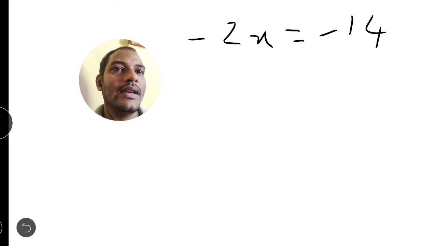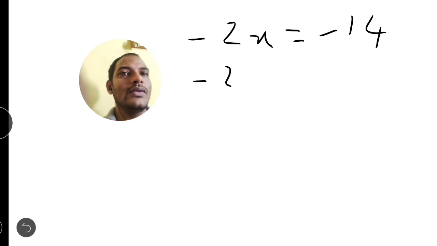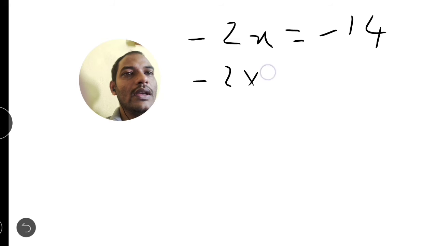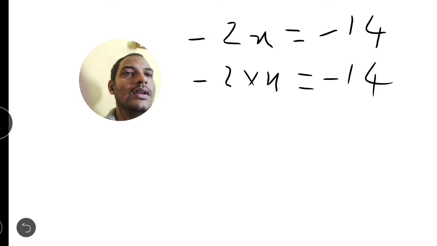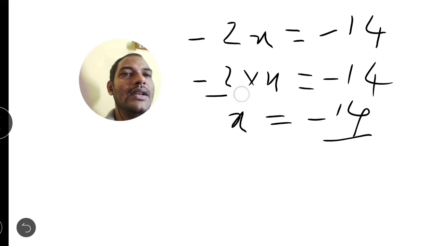So now minus 2x, nothing but minus 2 into x, equals minus 14. So x equals minus 14 divided by, here minus 2 is multiplying, so the number will go to the denominator place as it is.